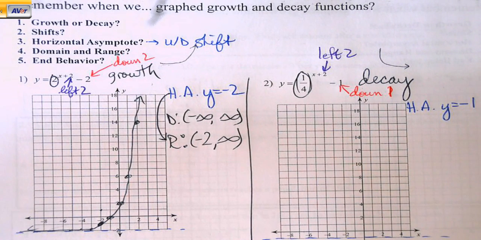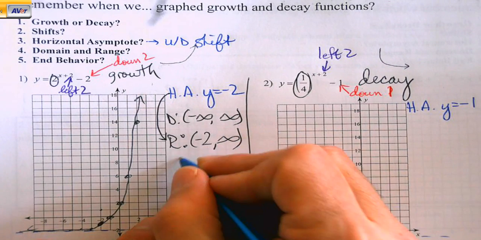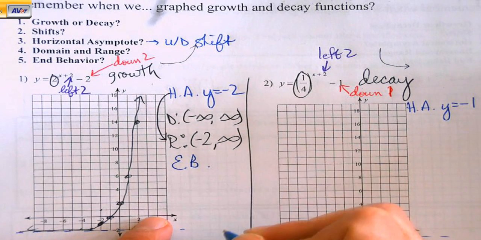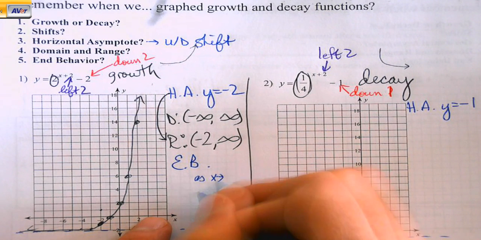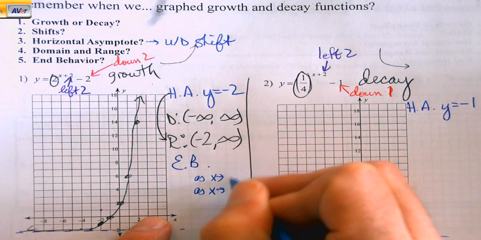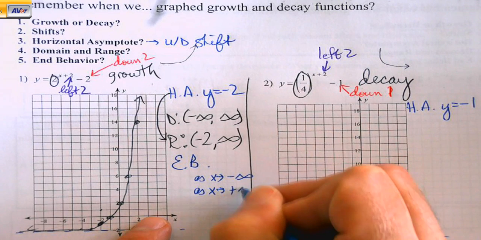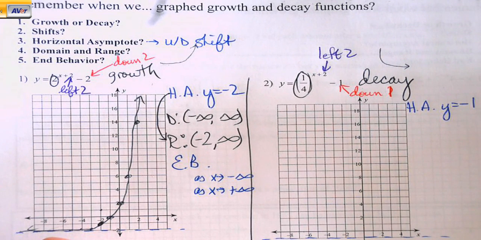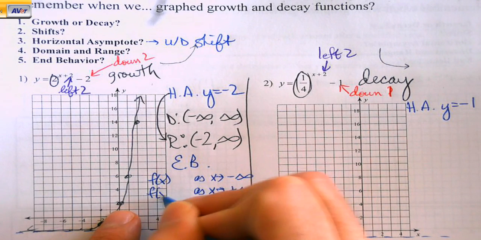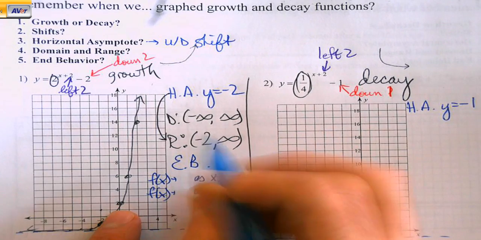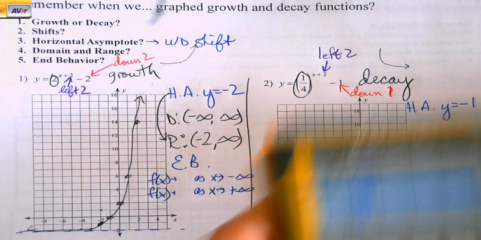And as we've spoken of a lot lately, my x's for my end behavior are always negative and positive infinity. We've chatted about that quite often too. My f of x or my y goes along with my range. So these are going to be my two range values.